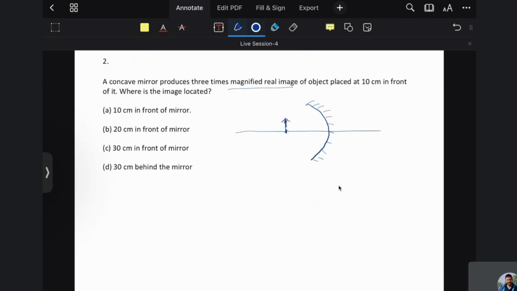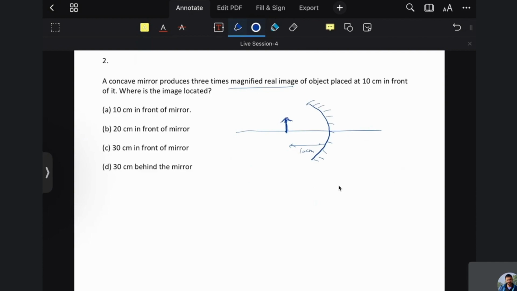This is the object. Okay, this is 10 centimeter, and it produces a 3 times magnified real image of the object.